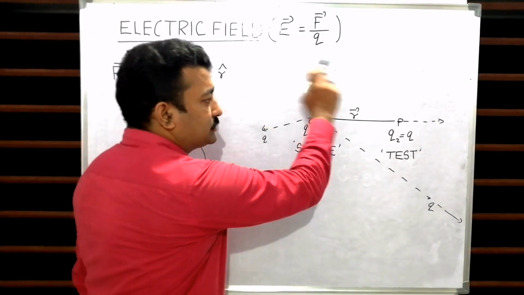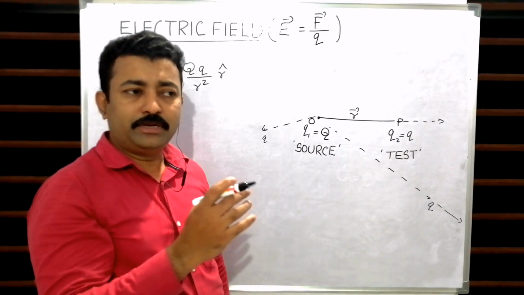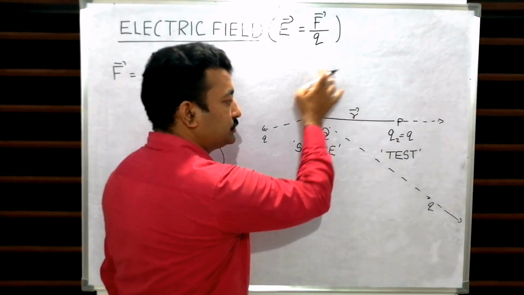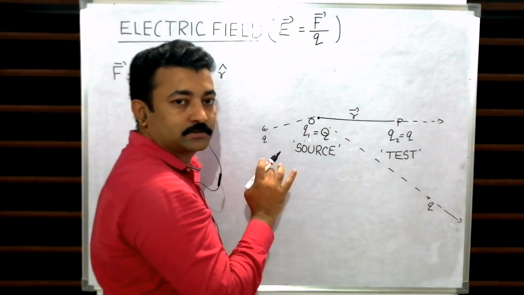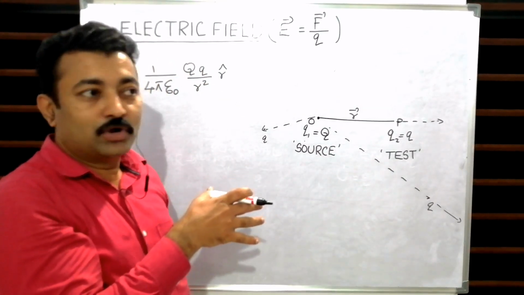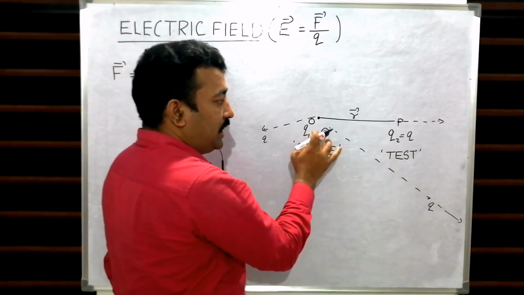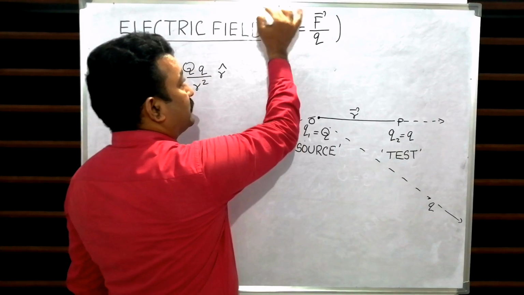So at any point surrounding the source, a charge q is experiencing a force. That means the charge Q has an ability to produce an electrostatic force in its surroundings. That effect or ability of that charge, or that space around Q in which it is producing a force, we can call it what?